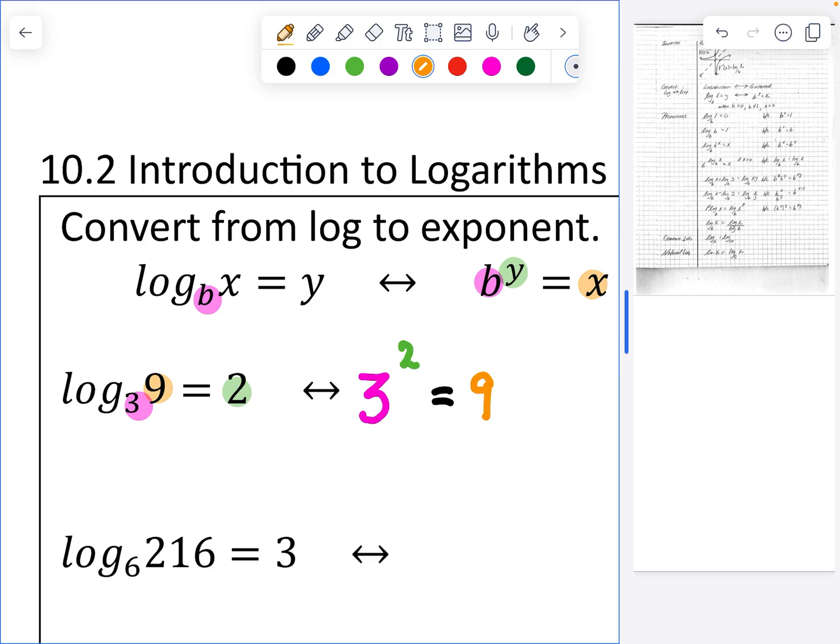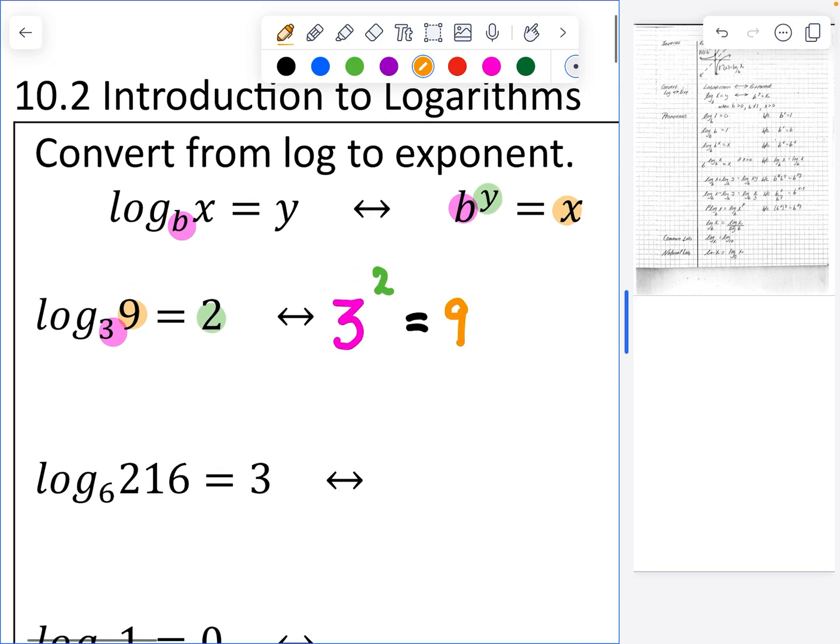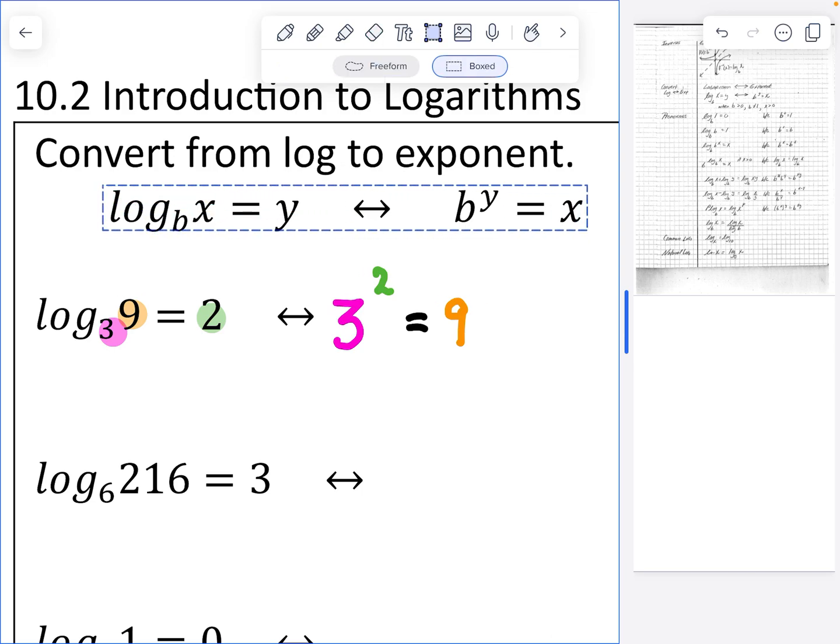So, alrighty. Let's look at this one. Let me erase this, and I'm going to copy that so we can take it with us wherever we want to go.